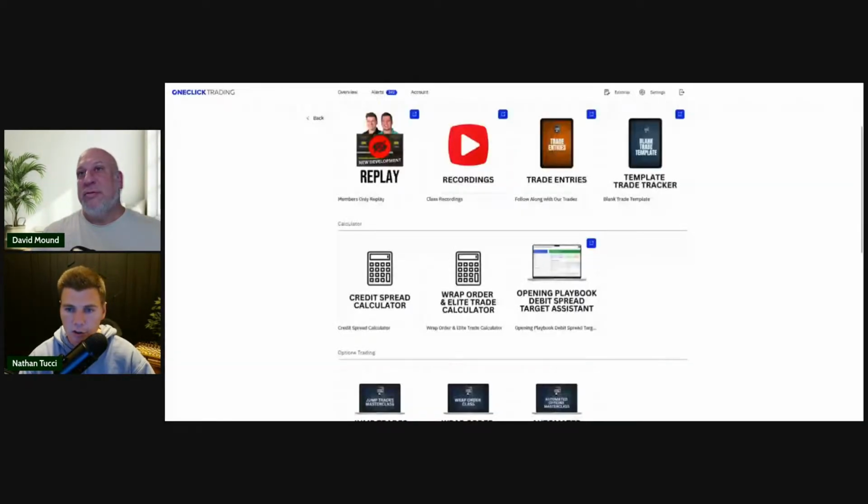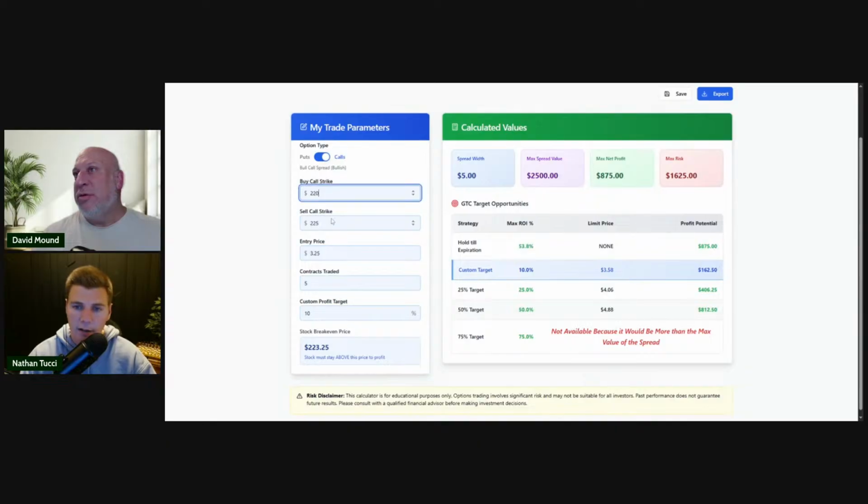And then what we can do is we can just use any kind of $10 or $5 strike just to put the instance in of 325. And you can see our profit potential for holding until expiration. Oh, shoot. I forgot it doesn't automatically flip. There we go. $5 spread paying 325. Our hold till expiration is 53.8%.